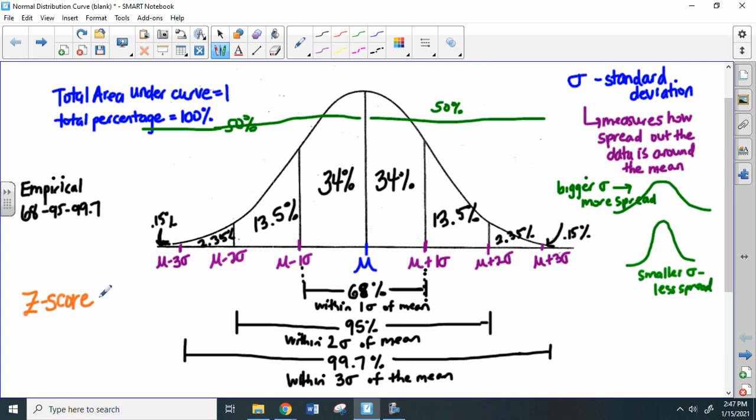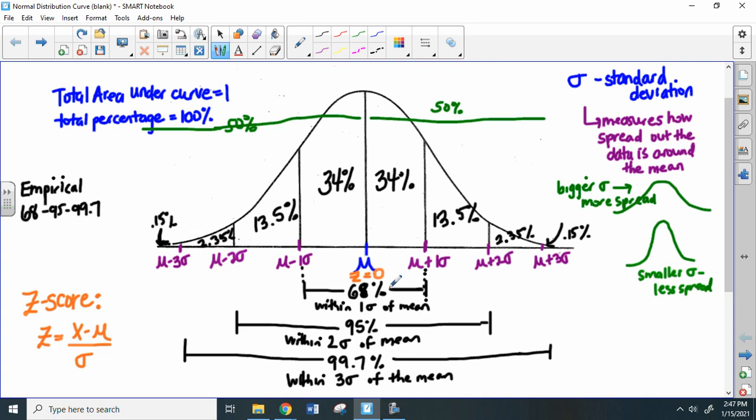Okay, so there's a formula for finding z-scores, and that's one thing that we're going to do later, is actually calculate z-scores. And in order to do that, you need a value minus the mean divided by the standard deviation. But again, these values are numbers that basically tell you how far you are from the mean. So if you're exactly on the mean, then your z-score is 0.